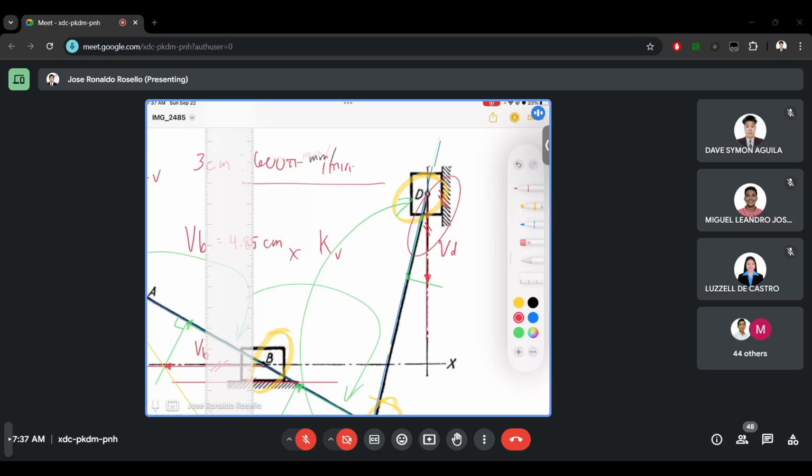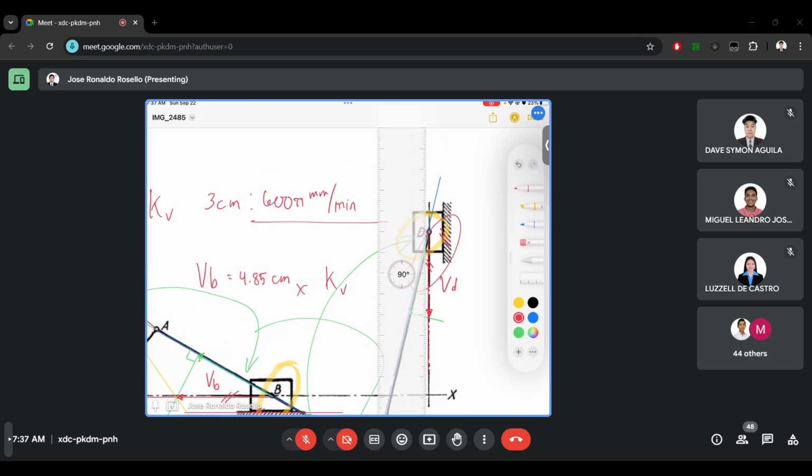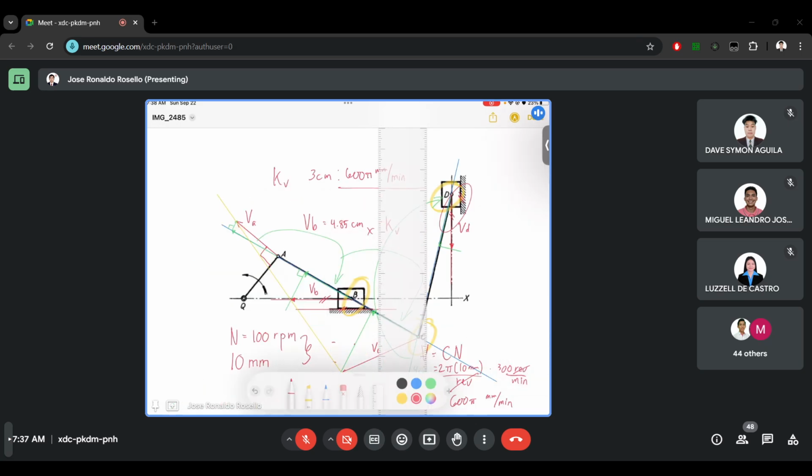Then, once we have velocity D, we will measure using a ruler: 1, 2, 3, 4.1. So, around 4.1. If velocity D is equal to 4.1 centimeters, we'll just multiply it with the velocity scale. We will now have velocity D.